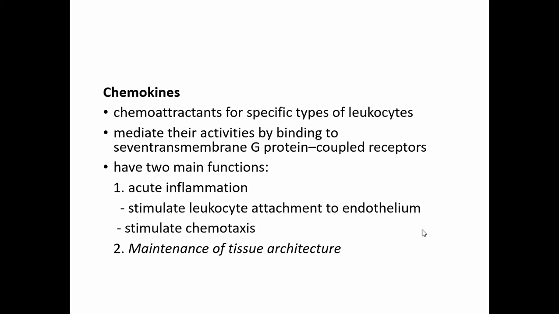They are classified into 4 major groups according to the arrangement of the cysteine residues in the proteins. They mediate their activities by binding to 7 transmembrane G protein coupled receptors.